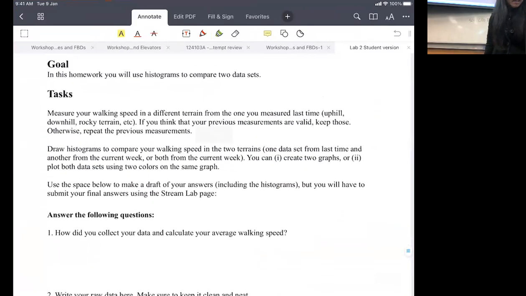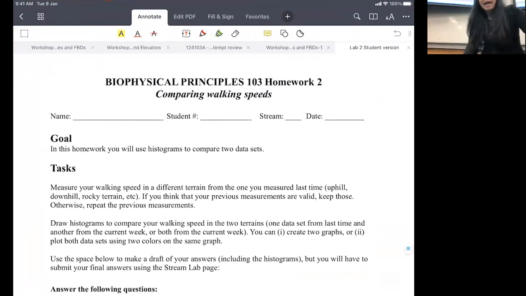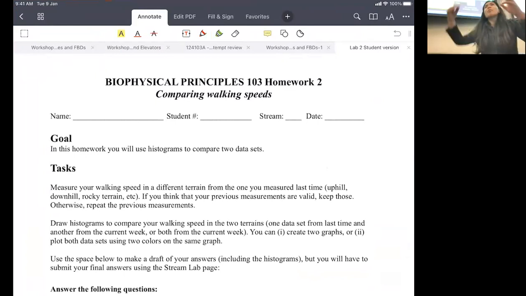For the second lab, okay, a little bit about the first lab first. In the first lab, we asked you to walk, measure your distance and how fast you walked, and from there you calculated your speeds. We asked you to repeat that at least 5 times, so hopefully you got a range of speeds, because maybe at one point you were walking faster than another time.